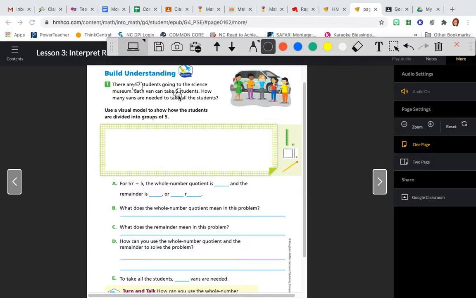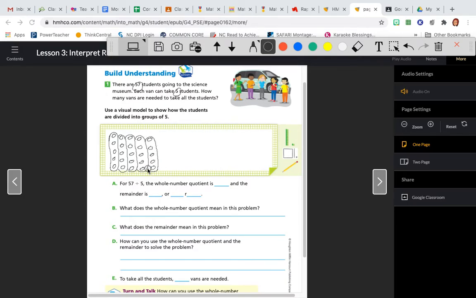So let's just start. You have 1, 2, 3, 4, 5. So there's a van. 6, 7, 8, 9, 10. There's another van. 11, 12, 13, 14, 15, 16, 17, 18, 19, 20. Just going to keep going. Every 5 I'm going to circle. 21, 22, 23, 24, 25.